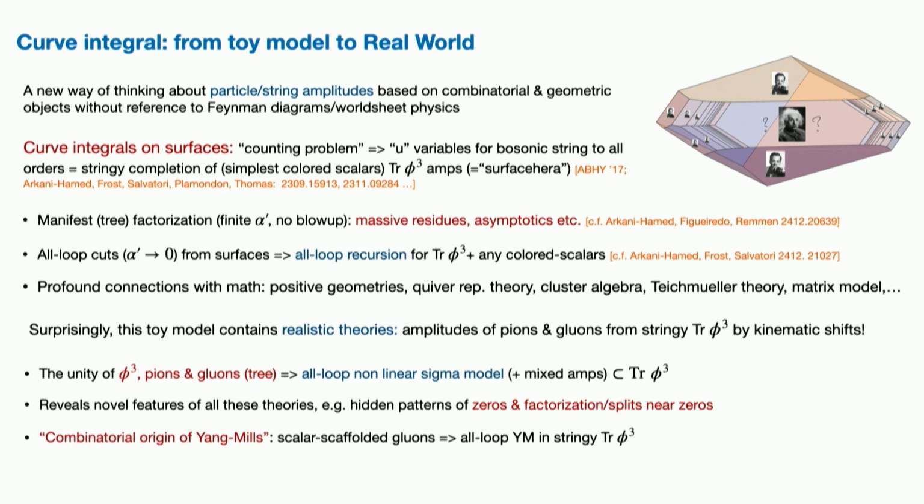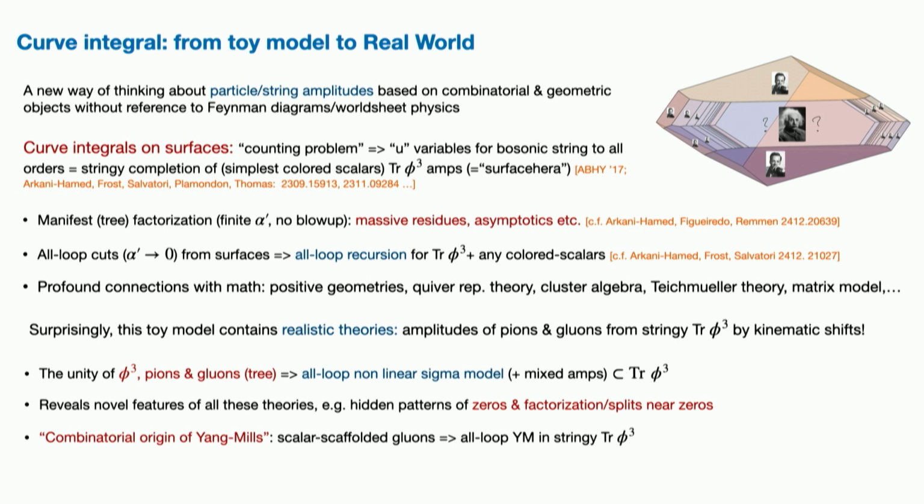Now, for string level, for gluons, you will really need to study the all loop stringy trace phi cube amplitudes in order to extract the gluon amplitudes out of it. So we'll see that there's some kind of scaffolding of gluons, where each gluon is represented by a pair of scalars, to be extracted from a 2n-point trace phi cube amplitude, giving your n-gluon Yang-Mills amplitude.